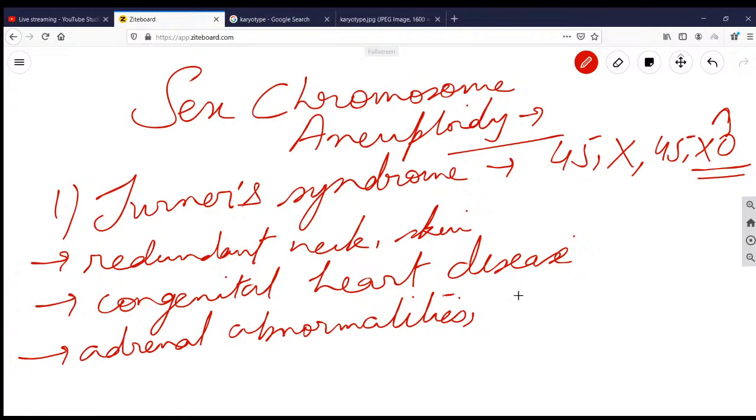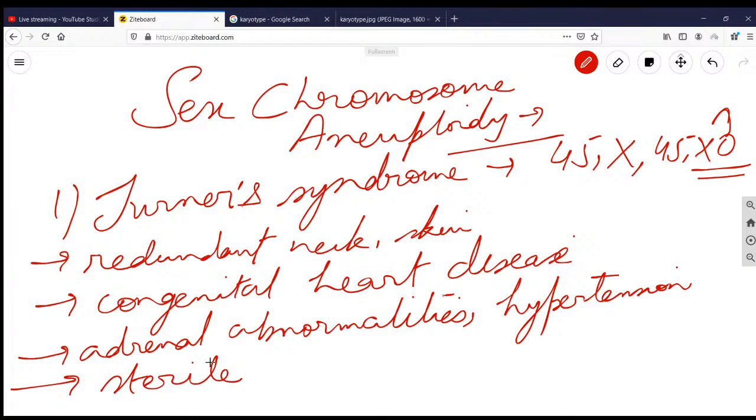Then autoimmune thyroid disease, obesity. And then the female will be sterile. A little bit of male-like development, less breast development, less secondary characters development. All that will occur.